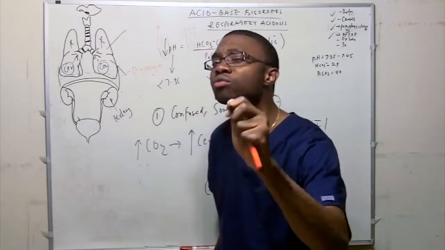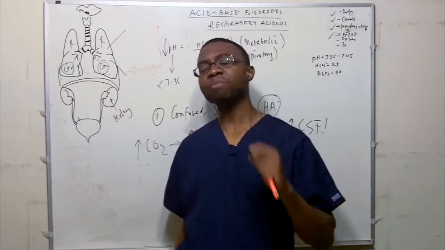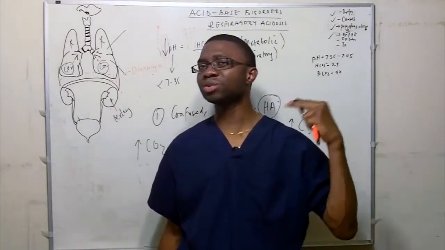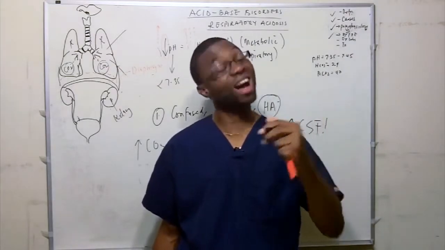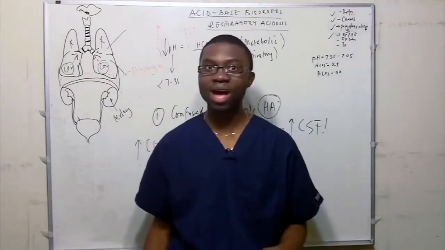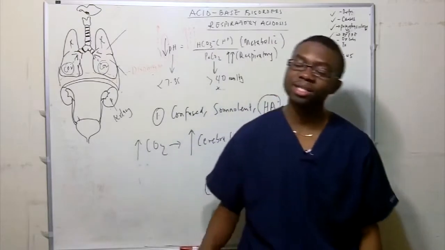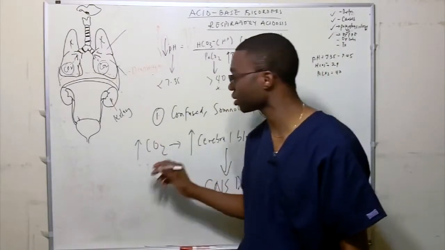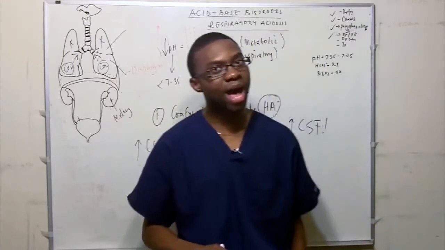Just hold on right there for me. I'll be back. But Mr. Brain, we need you to breathe, so well, I'll be right back. So, can you see that? The CNS is depressed, just taking a nap. That's not good. That's why an excessive amount of CO2 in the brain is bad.